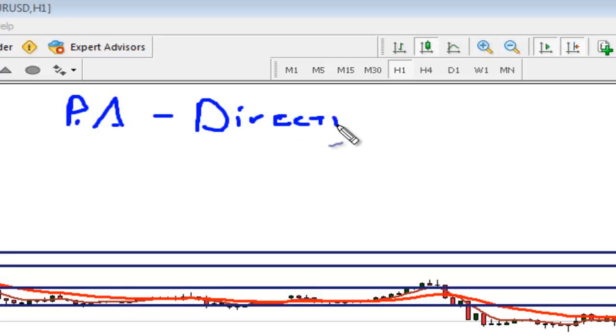It's going to seem very remedial for the more experienced traders, but we're going to build up to something over the next few days. So, price action and direction.